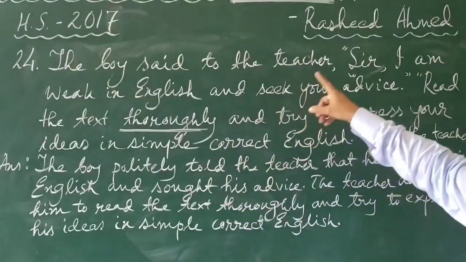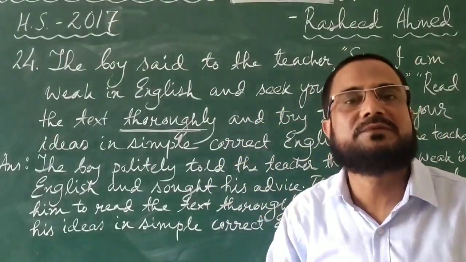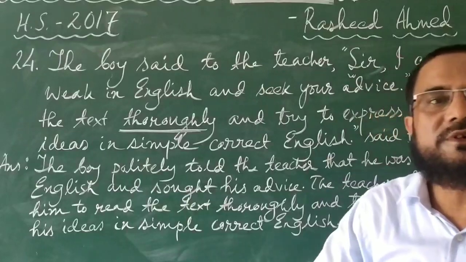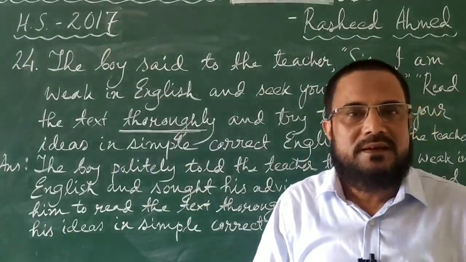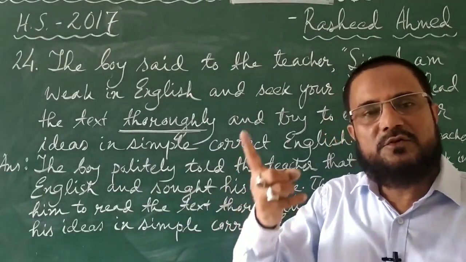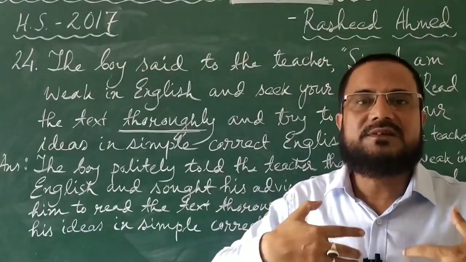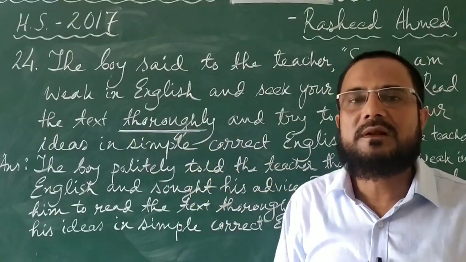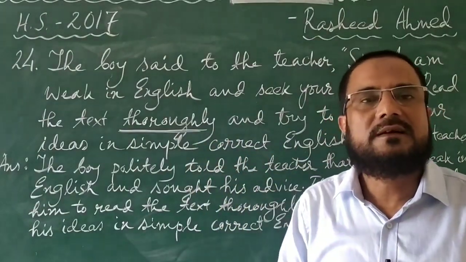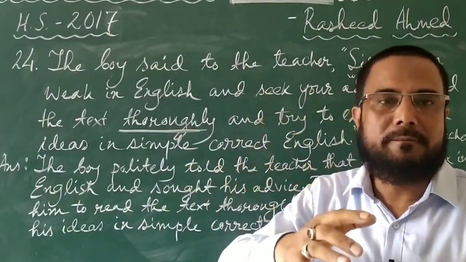If you find the word sir is used in an interrogative sentence, for example, he said to me, "Sir, do you know me?" In that case, you will again use politely instead of sir, but the other part of the sentence will be as usual. For example, he politely asked me if I knew him.